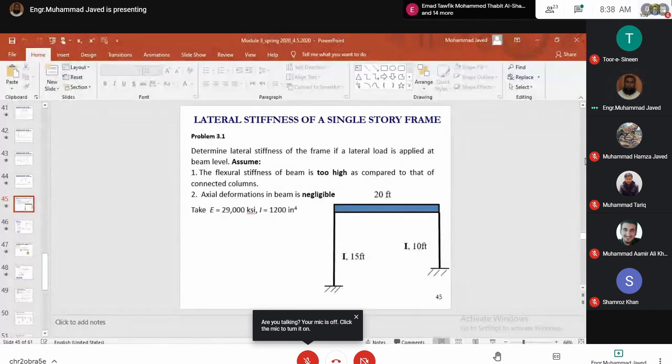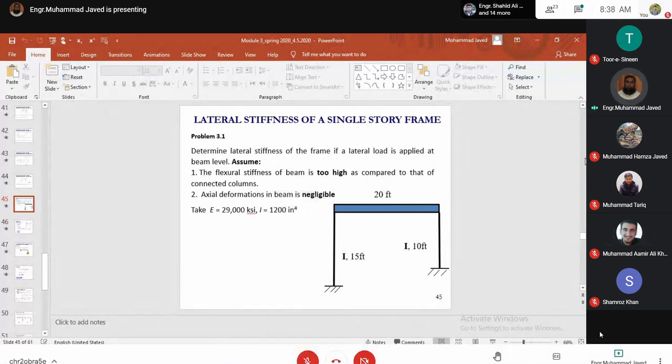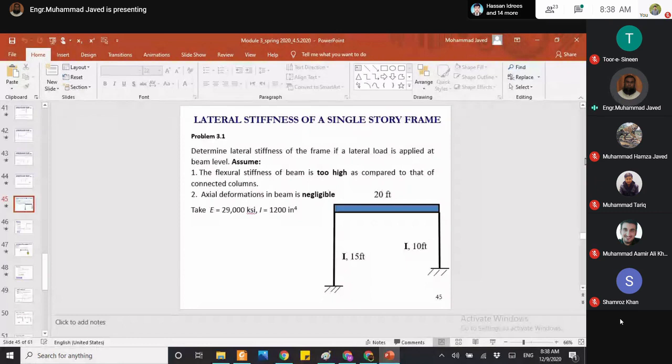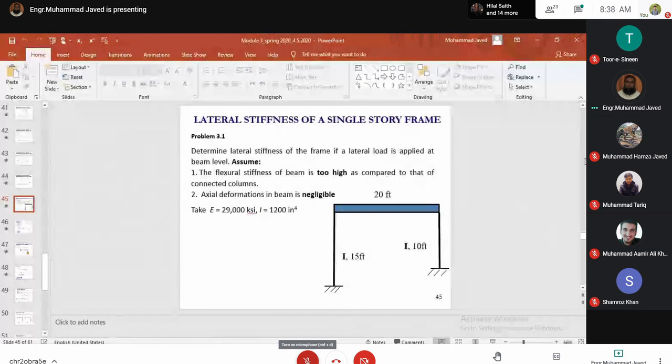Now, first of all, we will have to decide whether this system is an example of springs connected in series or springs connected in parallel. पहले आपको ये डिसाइड करना होगा कि ये जो फ्रेम है ये स्प्रिंग इन सीरीज की एग्जाम्पल है या स्प्रिंग कनेक्टेड इन पैरेलल की एग्जाम्पल है.